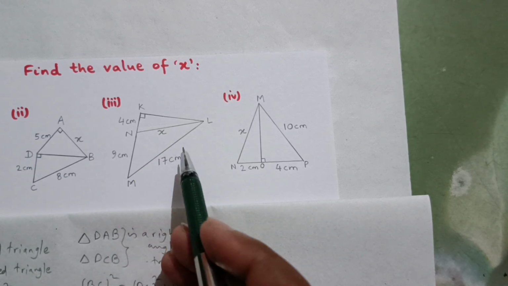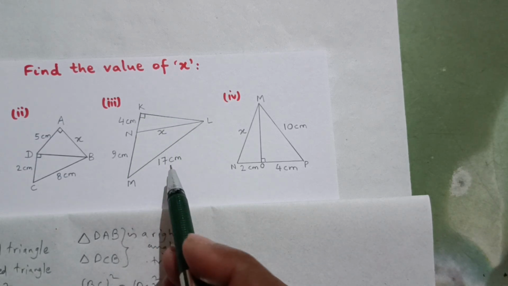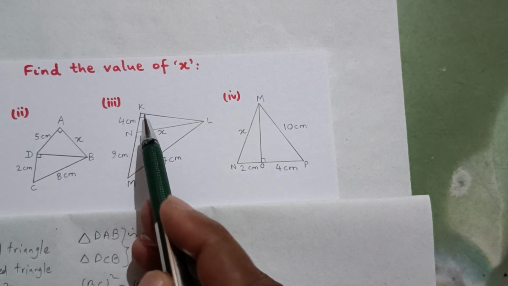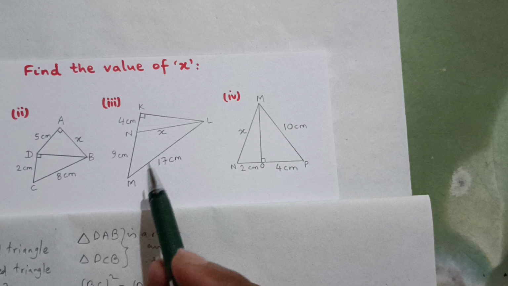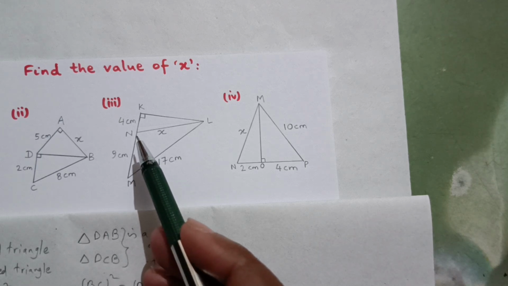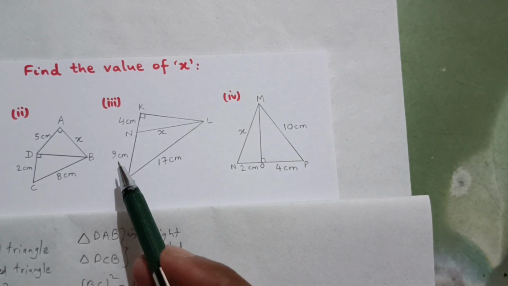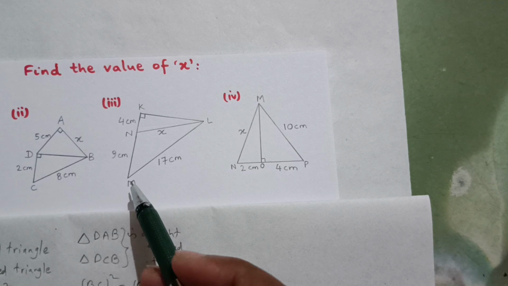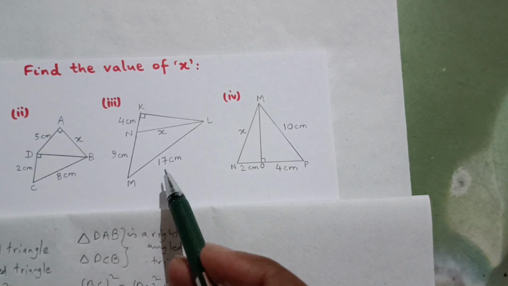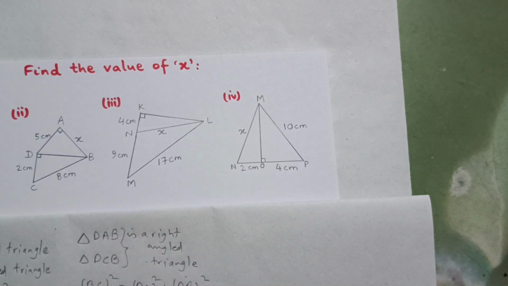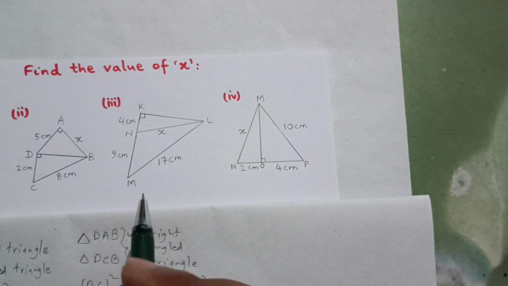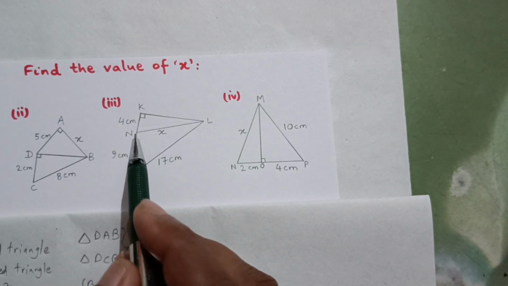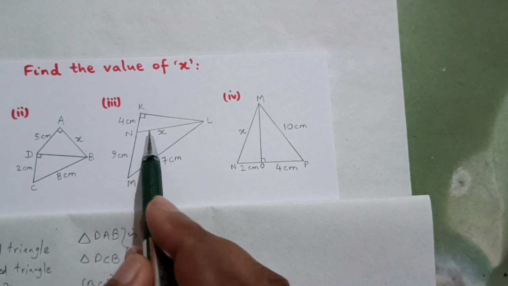In this diagram I have been given the measure of side KN, which is 4 centimeter, the measure of side NM is 9 centimeter, and the measure of side ML is 17 centimeter. We have to find the value of x, or the measure of side NL.